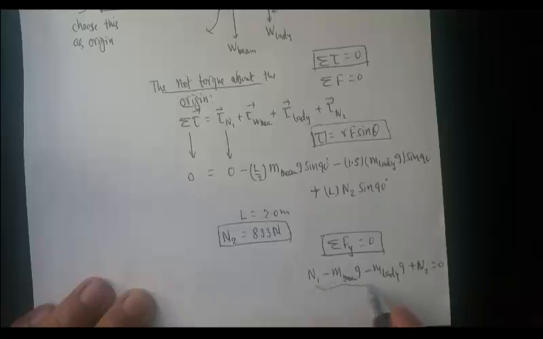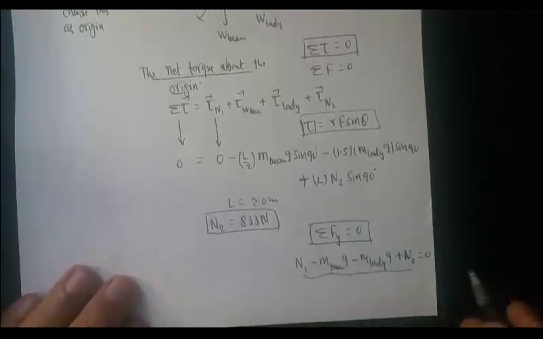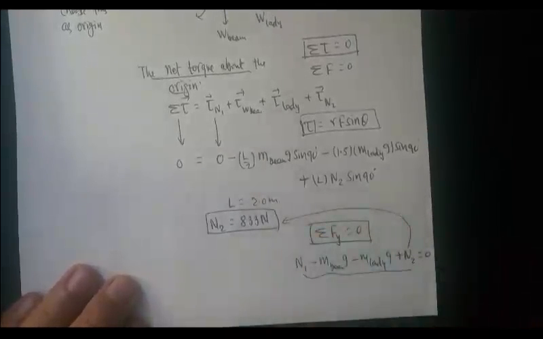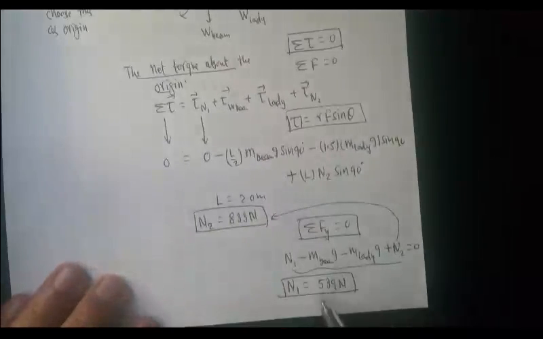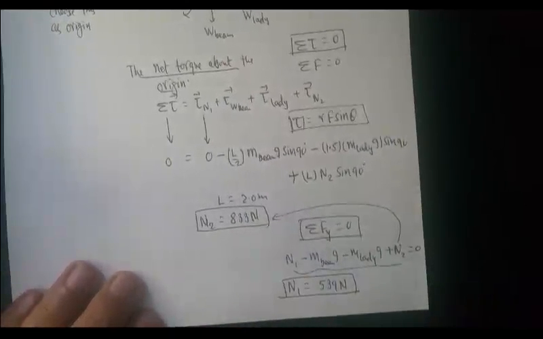All this makes the sum of the forces in the y direction 0. And then if you put in all the numbers, because you know everything, N2 is this, then you can solve for N1. So these are the answers. The first mass scale reads 539 newtons. The second mass scale would read 833 newtons.